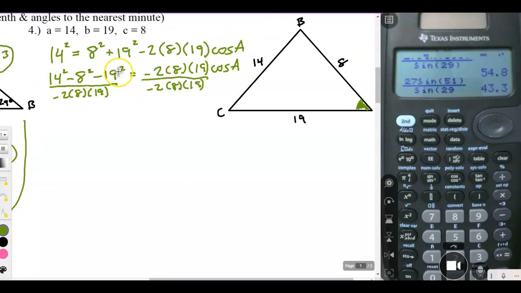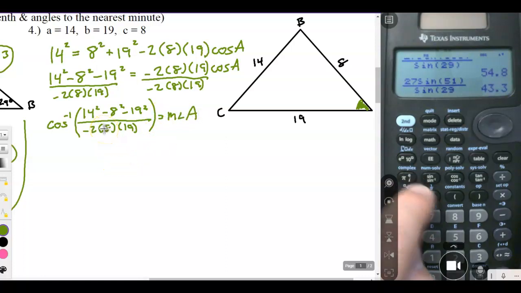So I'll have the arc cosine of 14 squared minus 8 squared minus 19 squared, all over negative 2 times 8 times 19, which equals the measurement of angle A. And then we just punch this in the calculator.